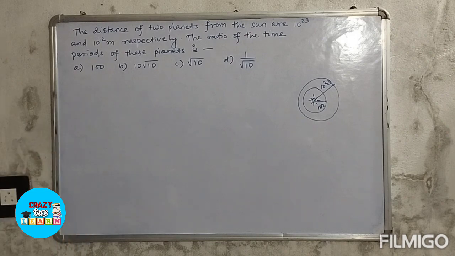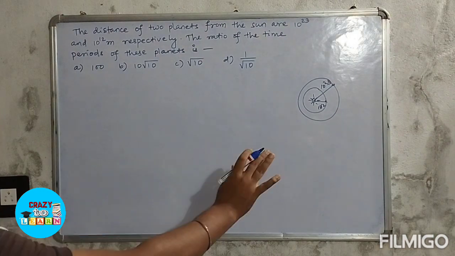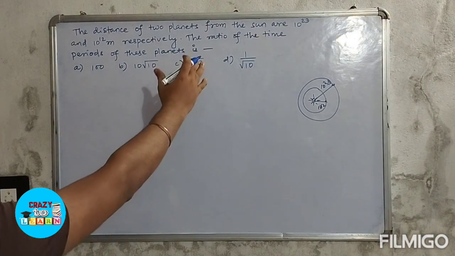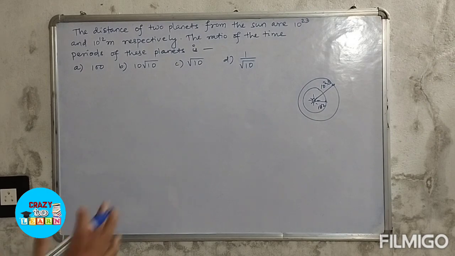Now come to our problem. The radius of the orbit is given, and you are asked to find the ratio of their time periods, the time taken for one revolution, which is called the time period.